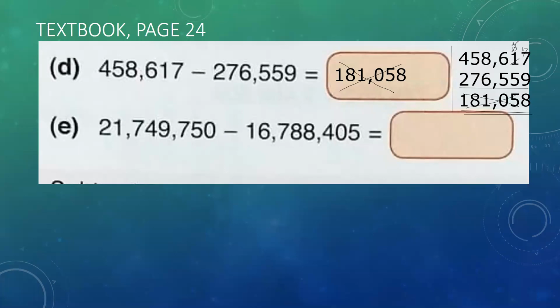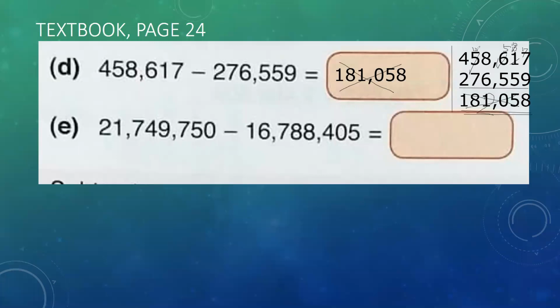10. So 10 minus 5 is 5, correct. So this one, 5. 5 minus 5, 0. We didn't borrow, right? We didn't change 8. 8 minus 6 should be 2, right? Okay, and then this one 15.